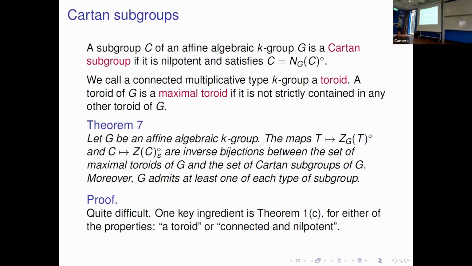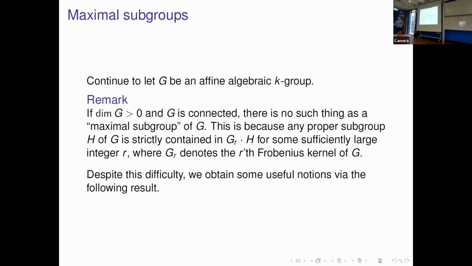Okay, the next and final part of the talk is maximal subgroups. What is a maximal subgroup? The first thing I observe is that, take an affine algebraic group. If the dimension is positive and G is connected, there's no such thing.